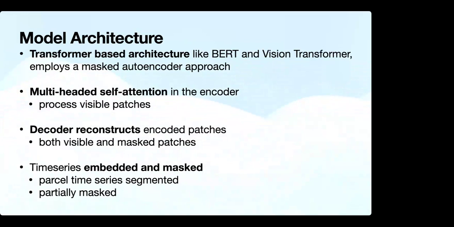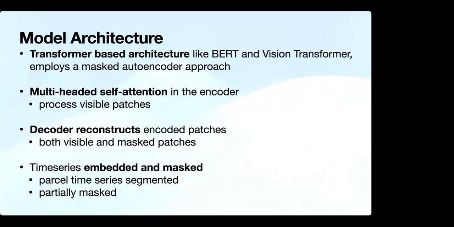But obviously, the data used in this study is time series data, so it uses time series information rather than images. It uses multi-headed self-attention in the encoder to process the visible patches of the time course. And then the decoder is tasked with reconstructing the encoded patches, both the visible and the masked patches.